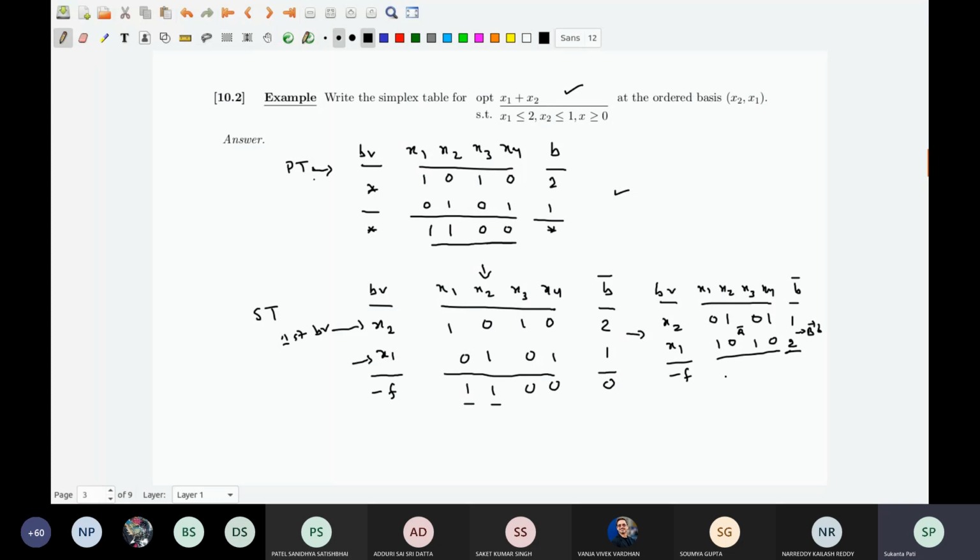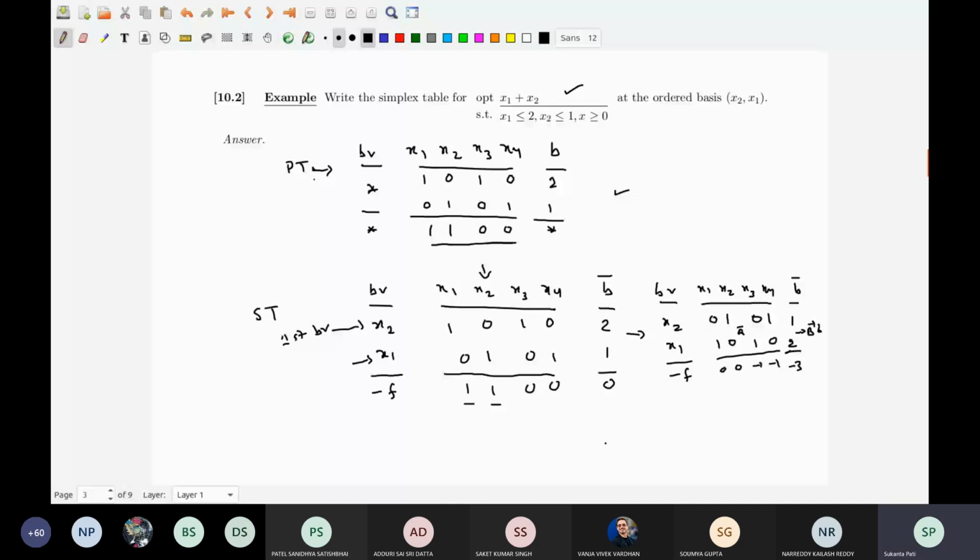So what do you do? You take the first row and second row, add them and subtract from C. So you will get 0 0 minus 1 minus 1, and then you will get a minus 3 over here. Now this is your simplex table.